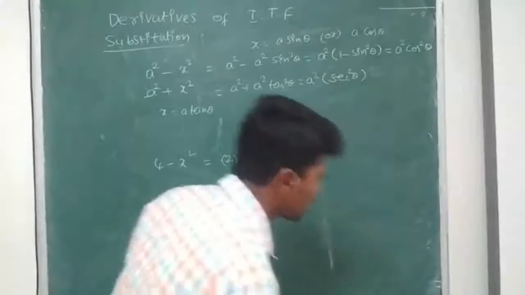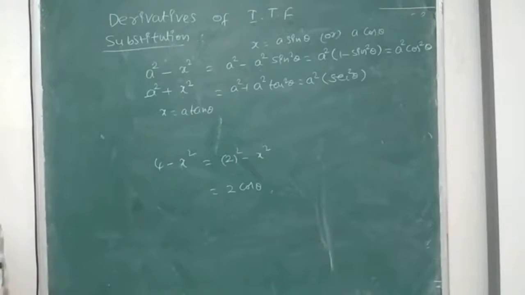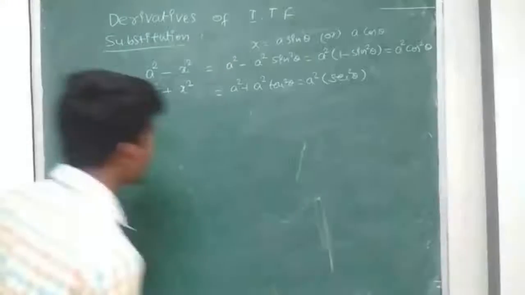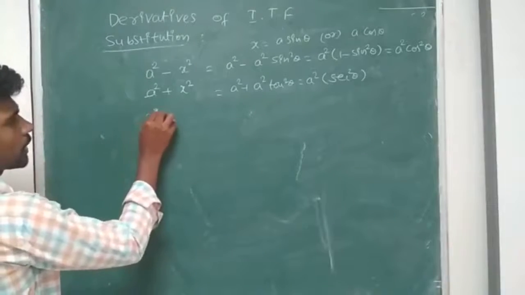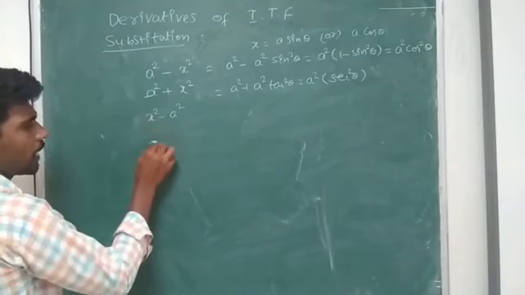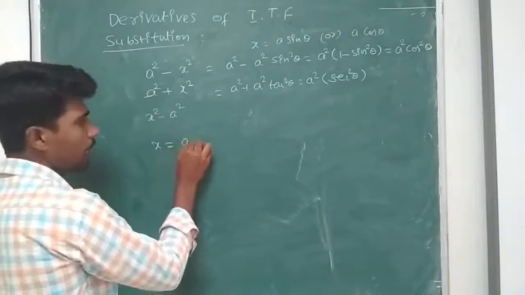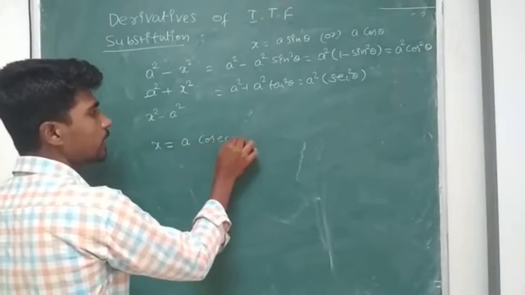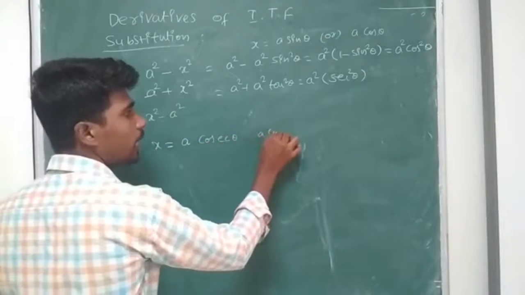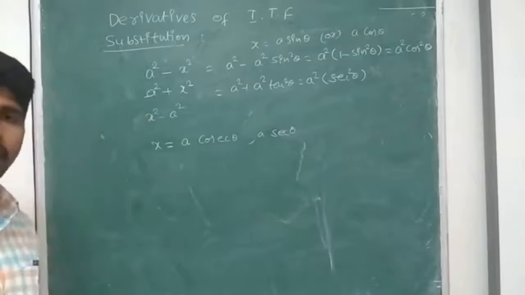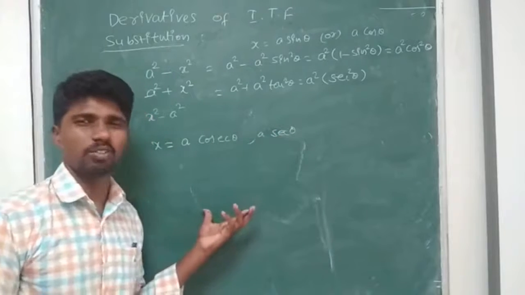Now one more thing. If I have x square minus a square, again one more possibility is that you substitute x as a cosecant theta or a secant theta. How and why?